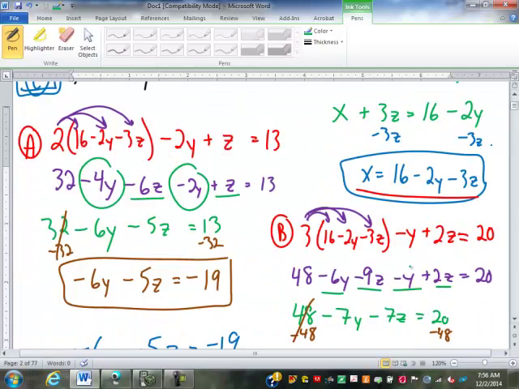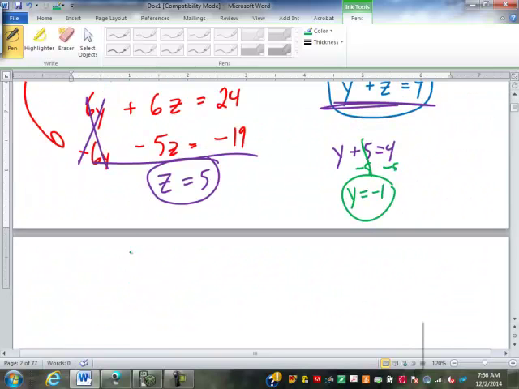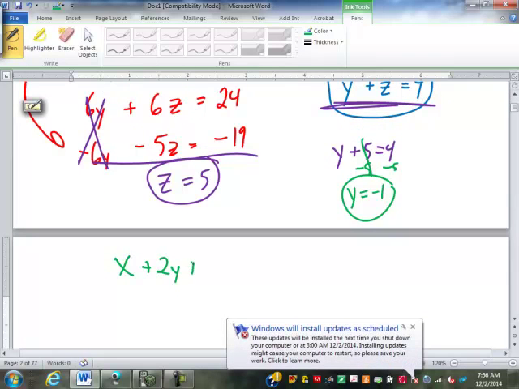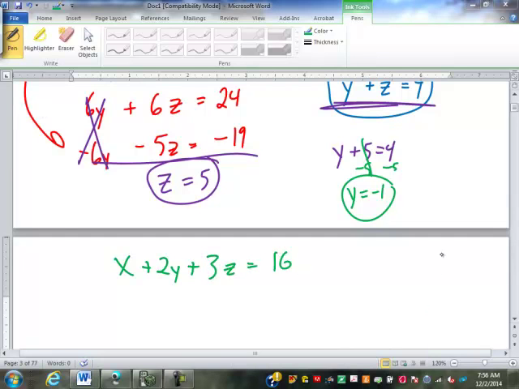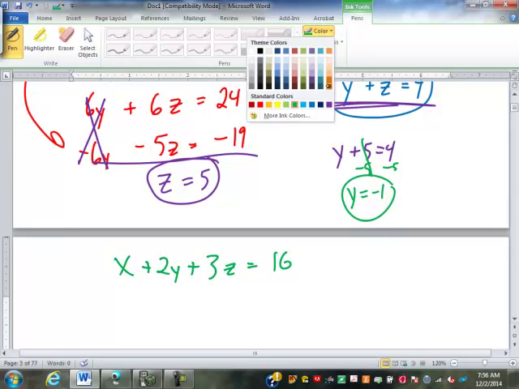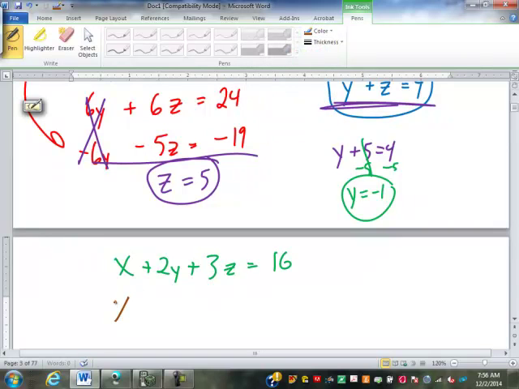X plus 2y plus 3z equals 16. And I'm going to replace y with negative 1, so this is 2 times negative 1, and z with 5, so it's 3 times 5.